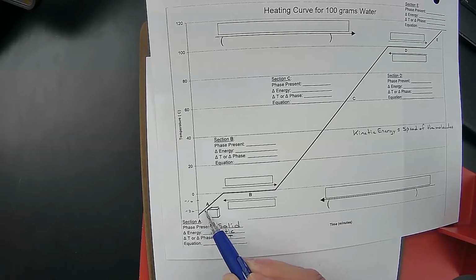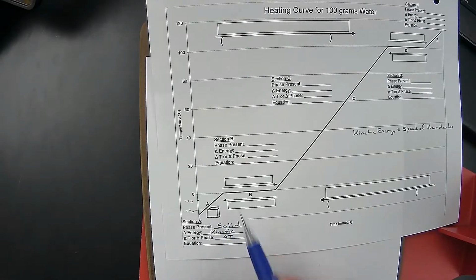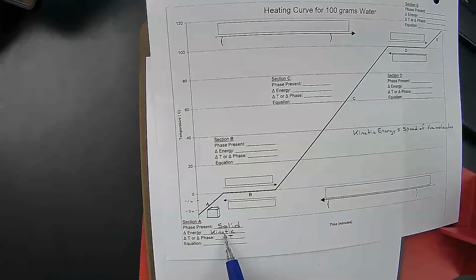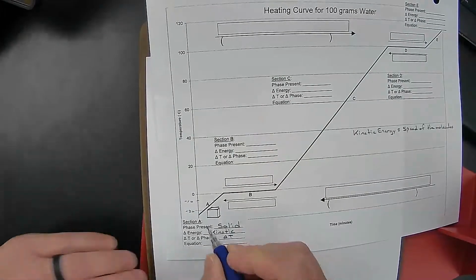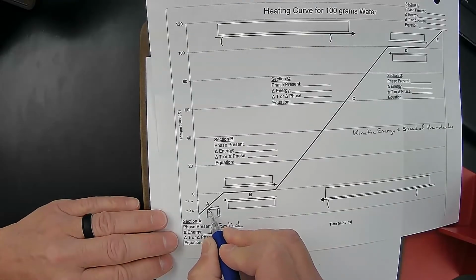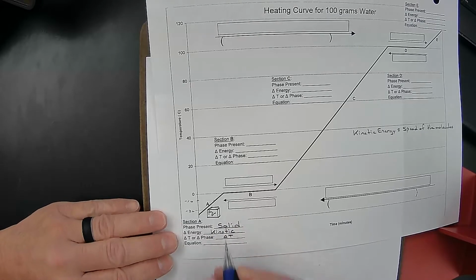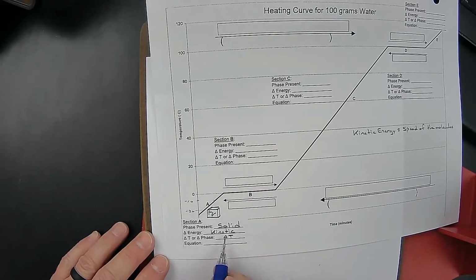It's absorbing energy and it's changing temperature. As it changes temperature, even though these little H2O molecules are locked in place in a solid, they begin to jiggle and move faster and faster and faster. So it begins to have a higher kinetic energy.